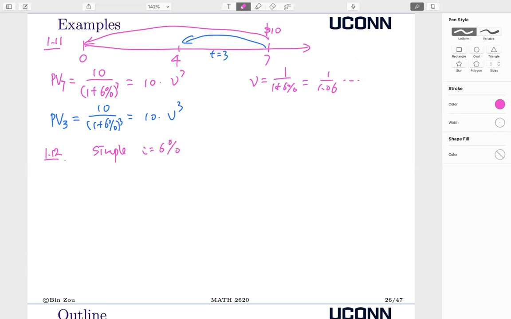I will just do the first one. Basically, we just need to discount, or divide by the AVF, accumulated value factor. For the next one, it's from 7 years to 4 years, so it will be PV3. It's rather simple.